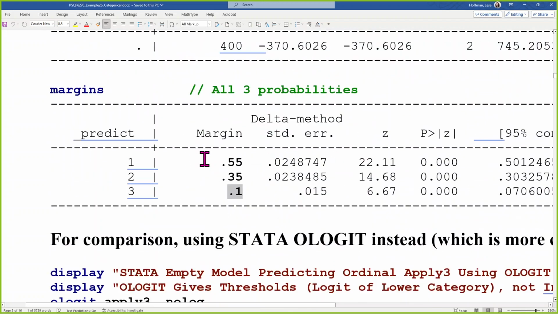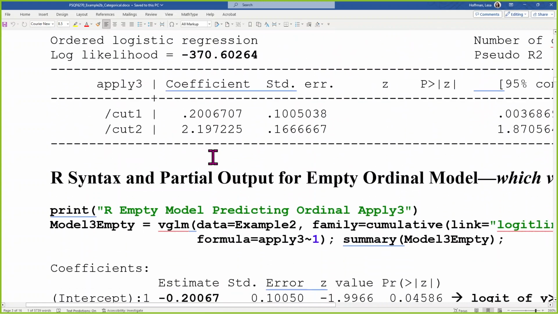Do you remember why I love logits so much? They're symmetric. If I tell you that the logit of a 1 is 4, what's the logit of a 0 instead? Negative 4. So these things are not labeled intercepts or constants. They are labeled cuts.